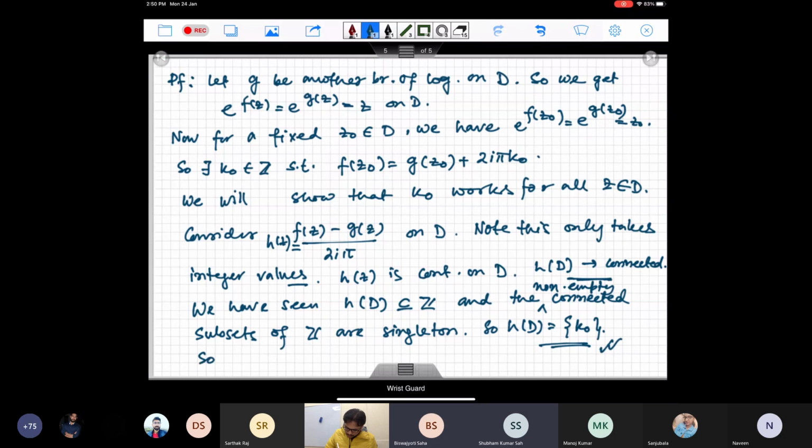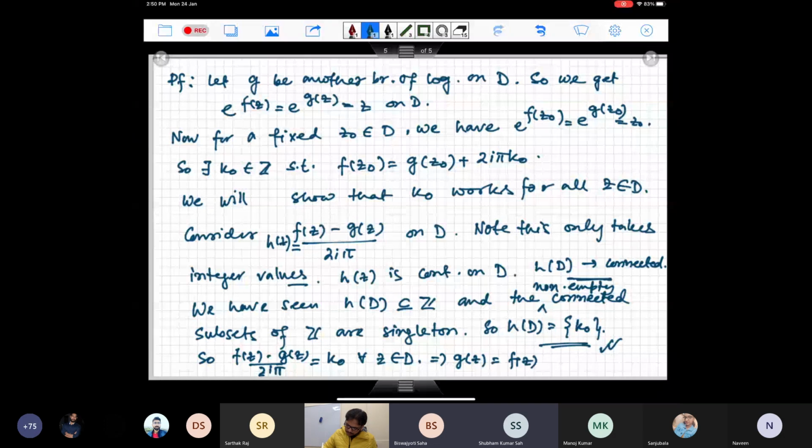So (f(z) minus g(z)) divided by 2 i pi is equal to k naught for all z in D. This implies g(z) is equal to f(z) minus 2 i pi k naught. Fine. So are we done with this proof?